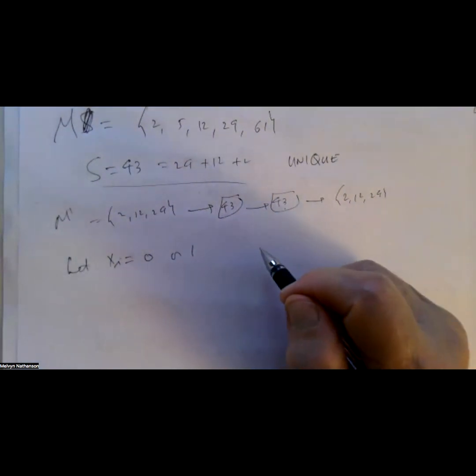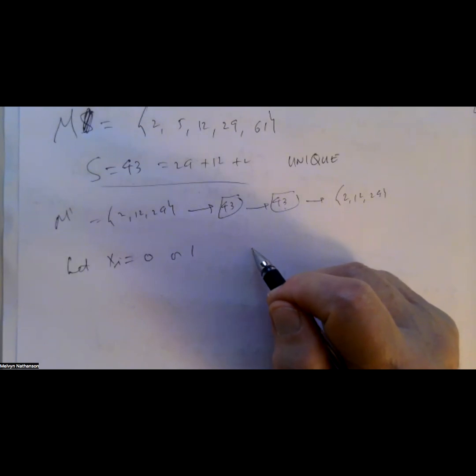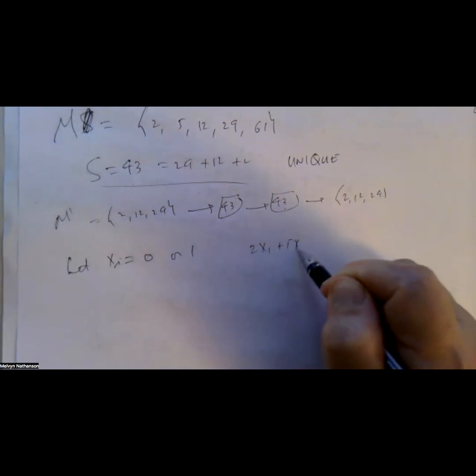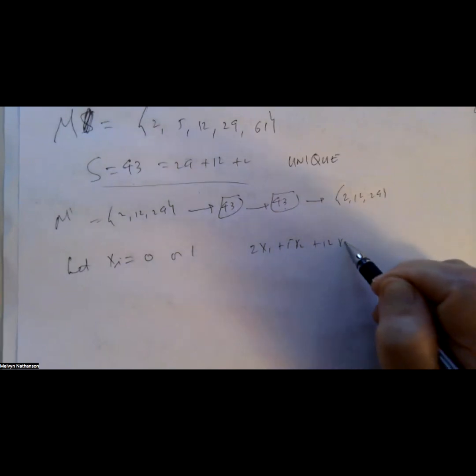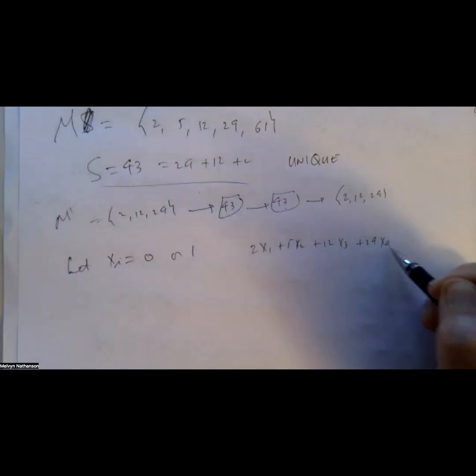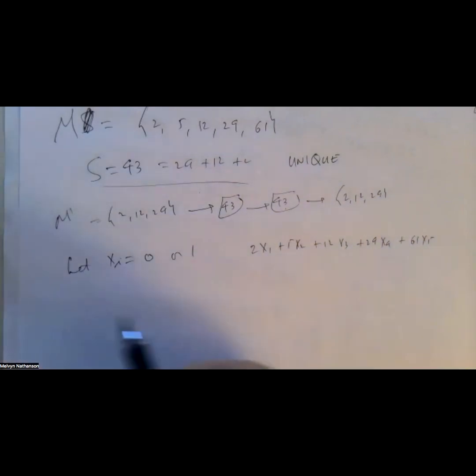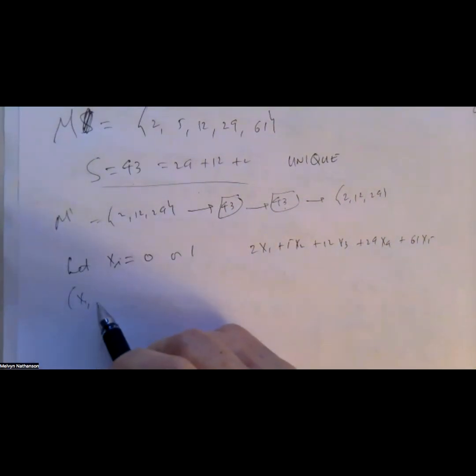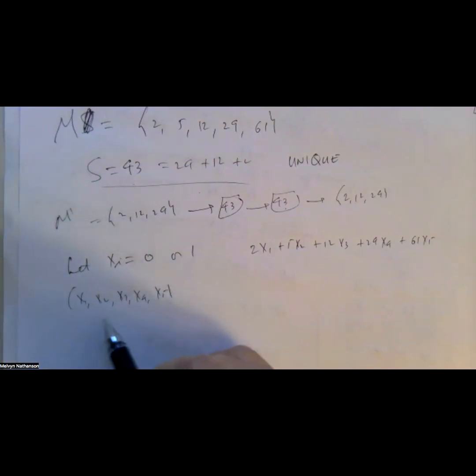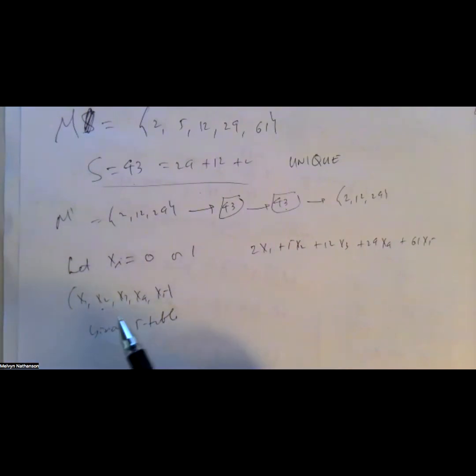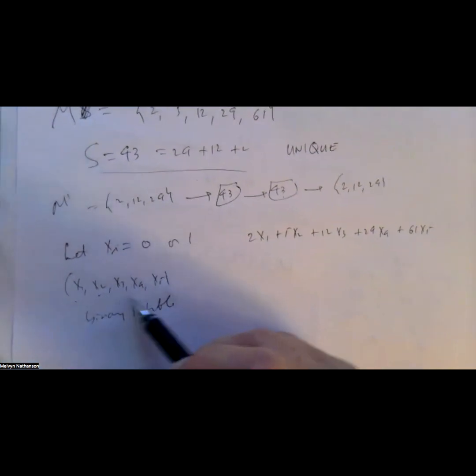And consider all the expressions of the form 2x1 plus 5x2 plus 12x3 plus 29x4 plus 61x5. So to every 5-tuple, so this is a binary 5-tuple, these are all zeros and ones, we associate to this bit sequence this number S.